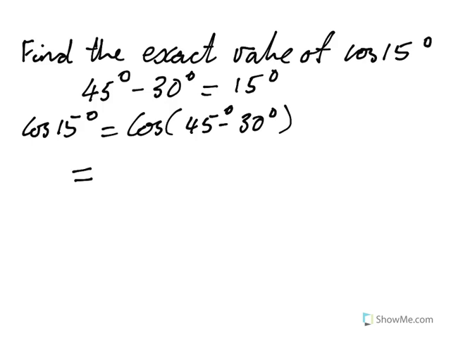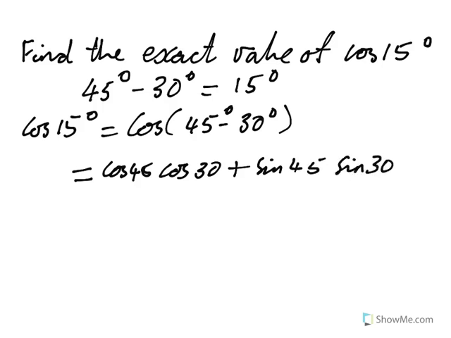And so if we use our difference angle formula, cos u minus v is cos cos plus sine sine. So it's cos 45 cos 30 plus sine 45 sine 30. And cos 45 is root 2 on 2.